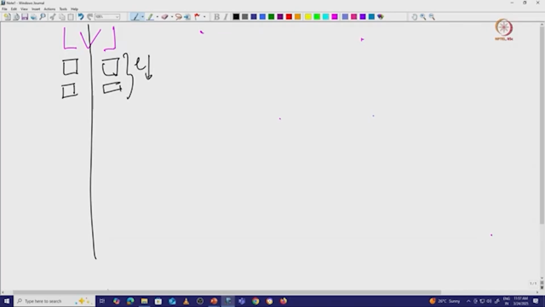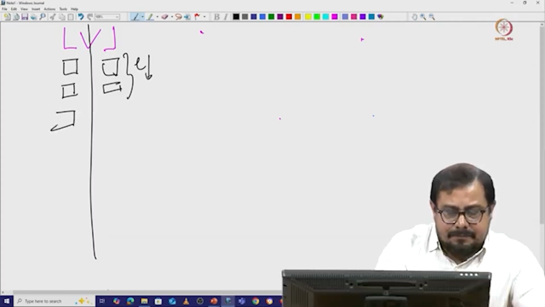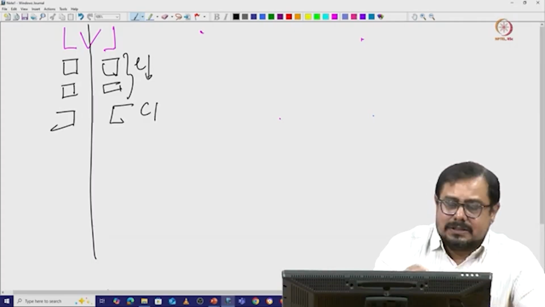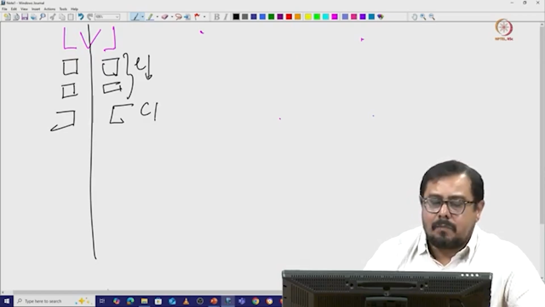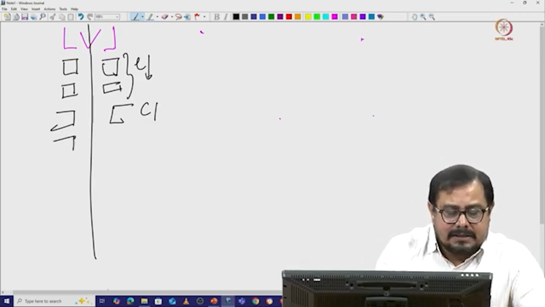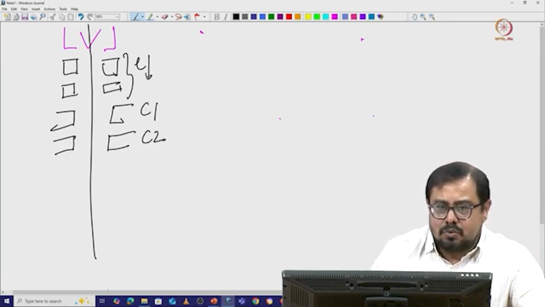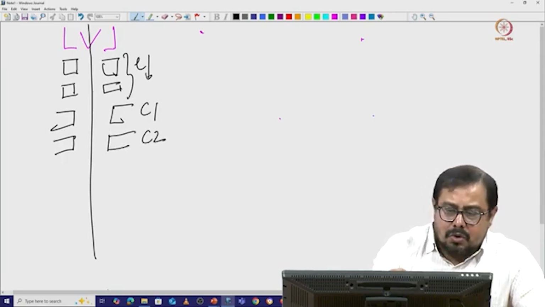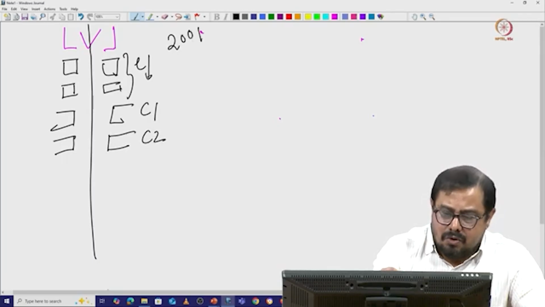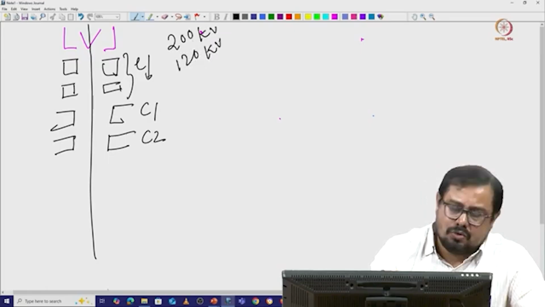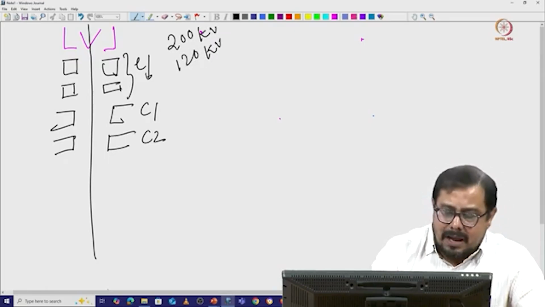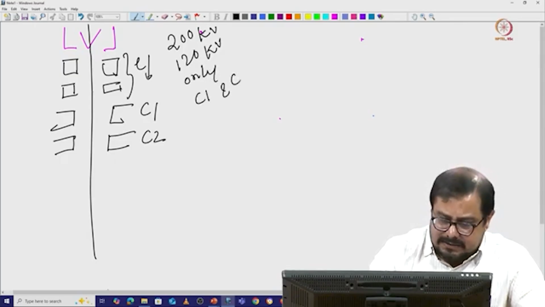Then it is coming to the first lens system. The first lens is called condenser lens 1, right? Then it is coming to the next lens system, that is condenser lens 2. In a 200 kilovolt microscope or 120 kV microscope, in most cases we have only condenser lens 1 and condenser lens 2.